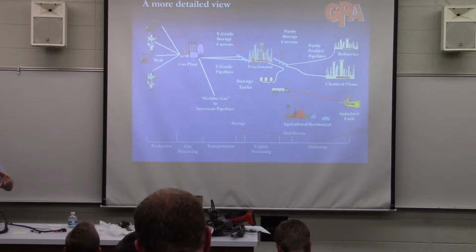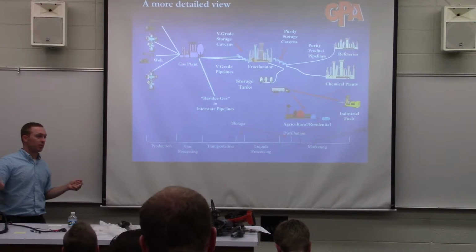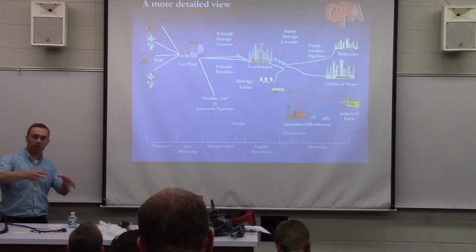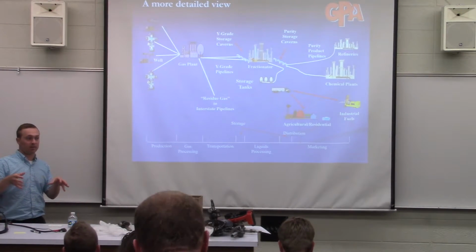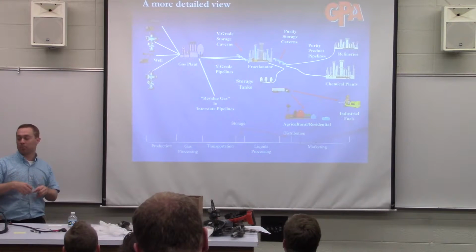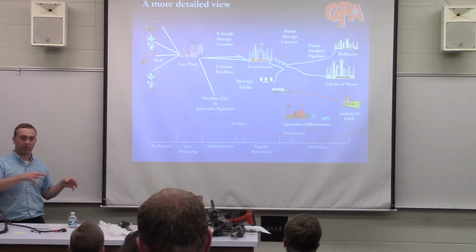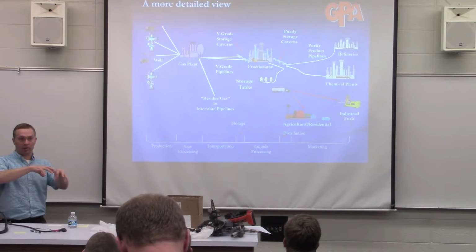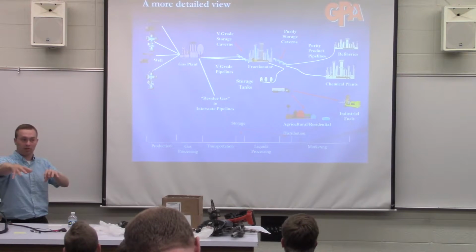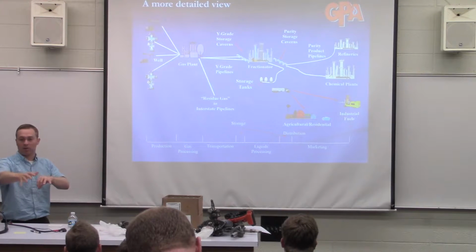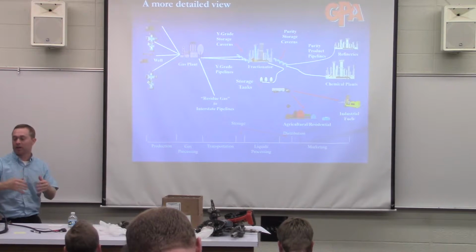We build gathering systems, so one gas plant may have hundreds of wells that all come together in a gathering system. There's a lot of fluid dynamics and modeling that we do as a part of that. We model the system to say, the newer wells that are coming on with higher pressure, if we tie them into this line, what's it going to do to the rest of the system? Is it going to pressure out some of the older wells? There's a lot that goes into that.